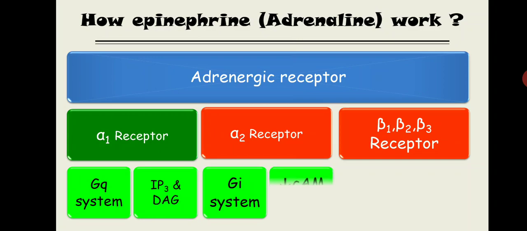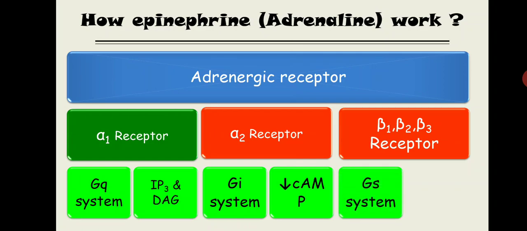They are basically decreasing the cyclic AMP level. And what happens when adrenaline works via the beta receptor? It is basically the Gs system. So what do they do by stimulating the Gs system? It will increase the cyclic AMP. So you can see that epinephrine or adrenaline is the one ligand, but by working on different kinds of receptors, they are producing different kinds of action.